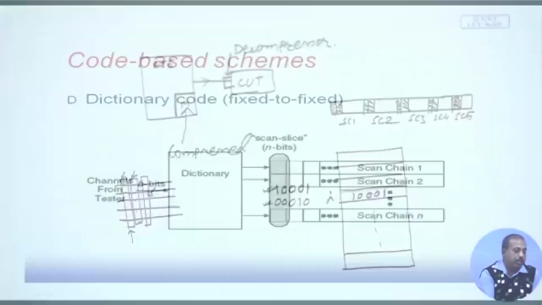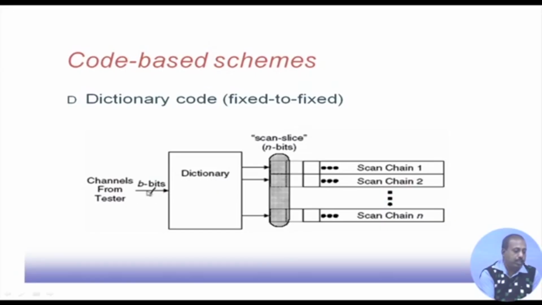Here these B bits are coming from the channel of the tester. So the dictionary is a part of the decompressor. That particular slice is located, and that slice is outputted onto the individual scan chains, one bit for each scan chain.